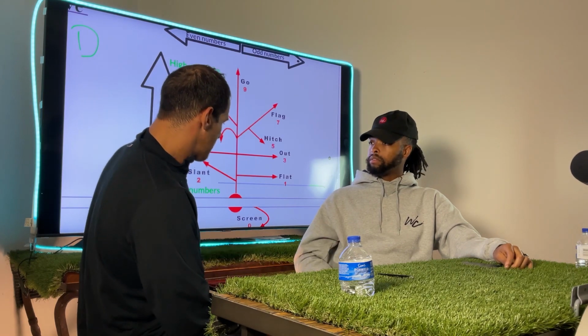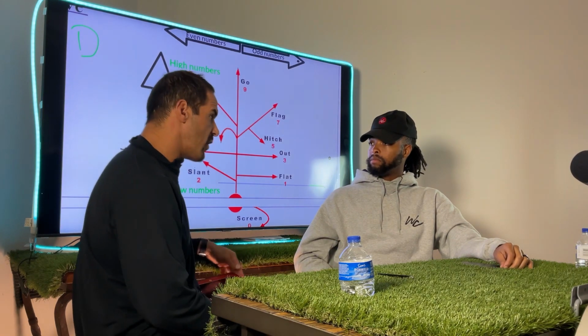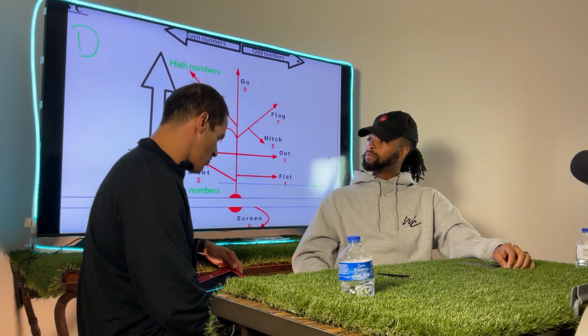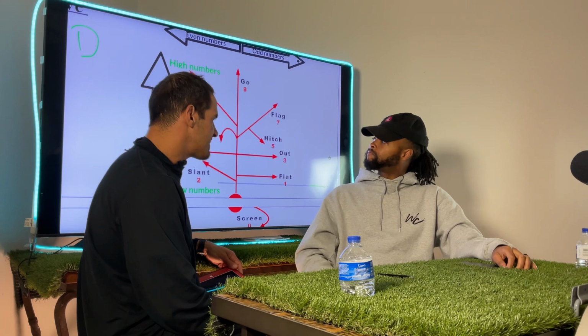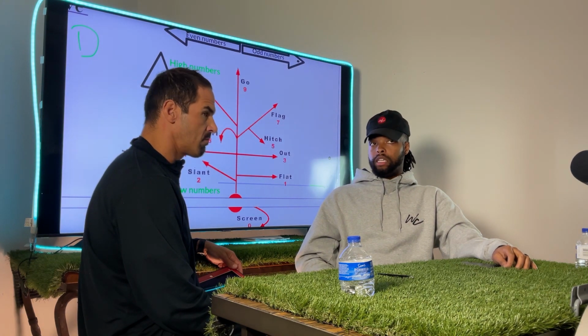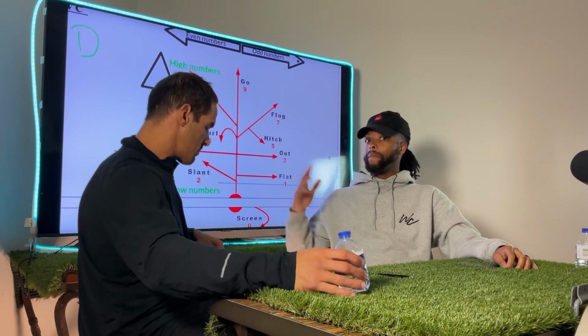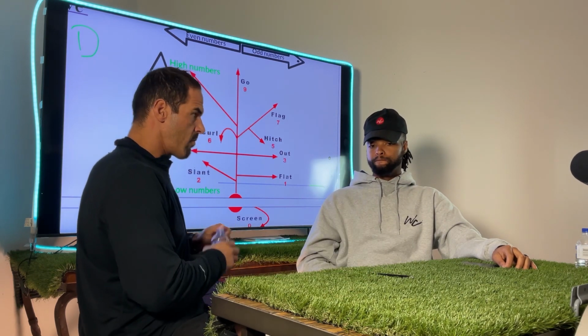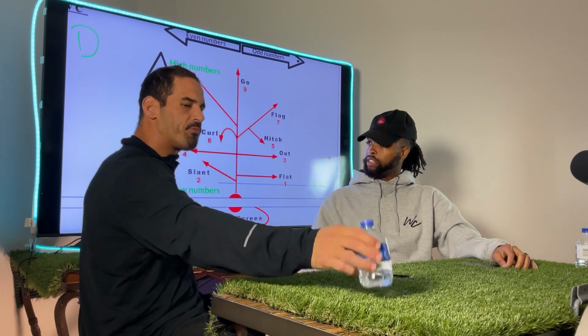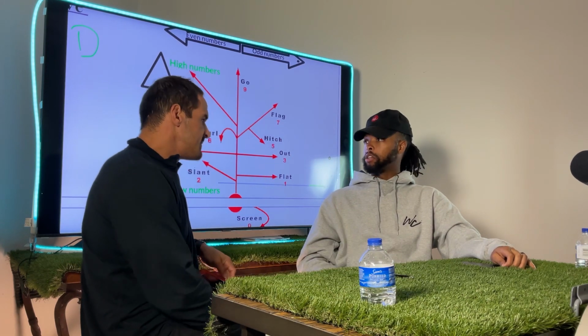You mentioned that a lot of coaches tend to overcomplicate things. So how do they complicate routes and route trees and route concepts for receivers? I don't think coaches necessarily overcomplicate route combinations or the routes themselves, but more so when it comes to game planning or getting guys in certain spots or mismatches.